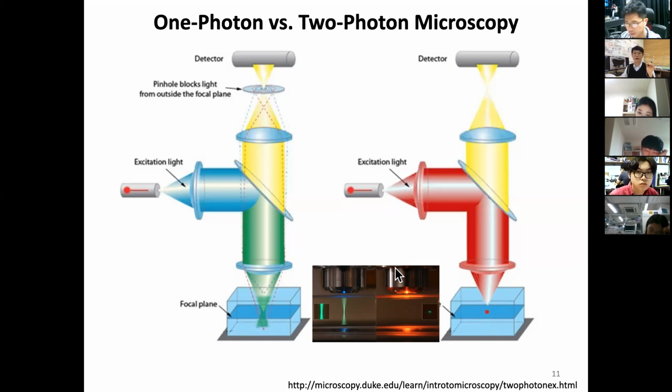But in two-photon microscope, if you look closer, can you see a point here? Can you see a tiny dot? Maybe not. Because of that, I have this inset. Really, there's a point. They only fluoresce there. Okay? So you don't care about out of focus.